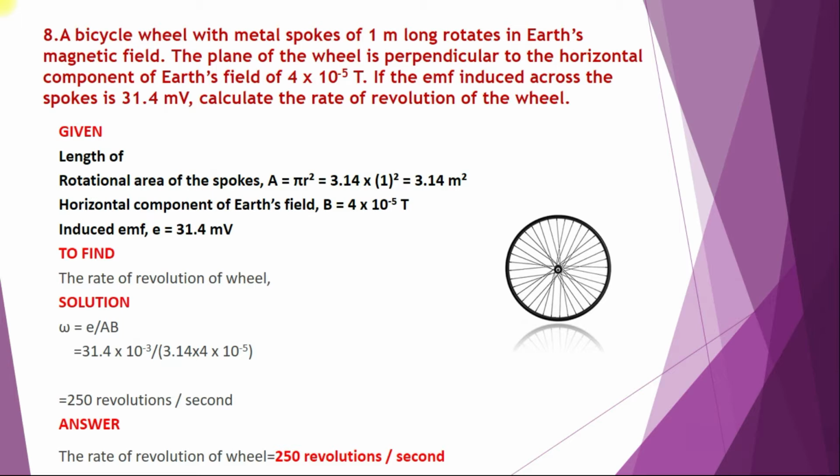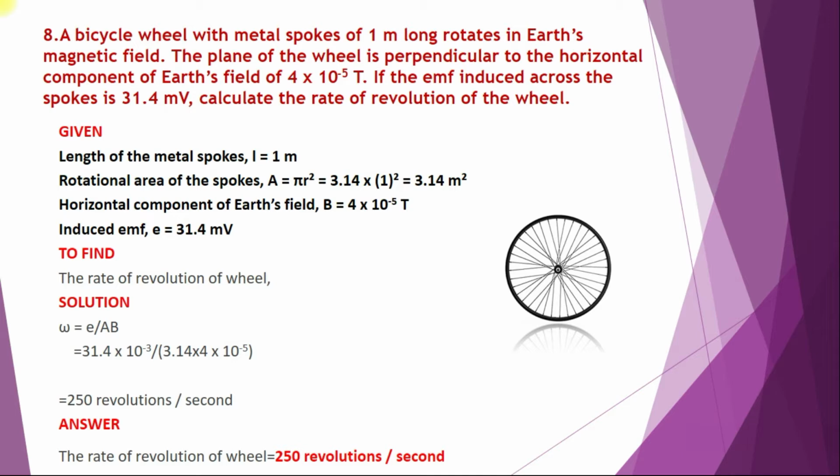So the given data is the length of the metal spokes L is equal to 1 meter. Rotational area of the spokes, which is found using the formula A is equal to pi r square. R value is given, just substitute that so that the area value will be 3.14 into 1 square, which is nothing but 3.14 meter square.